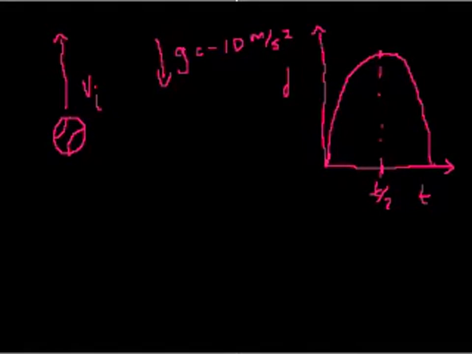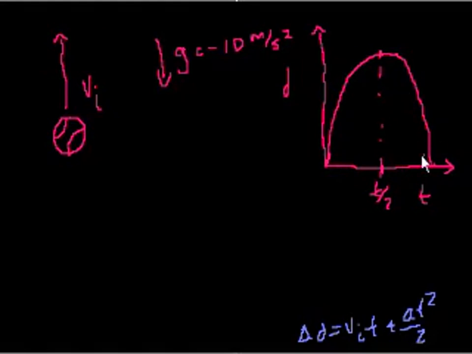I don't want to use it this time, but what was that previous formula? It was change in distance is equal to v_i t plus a t squared over 2. So it's a parabola. But I think if you had thought about it, you would have realized it's a parabola too, and it points downward because a is negative, so the t squared term is negative. That's why it opens to the downward side.